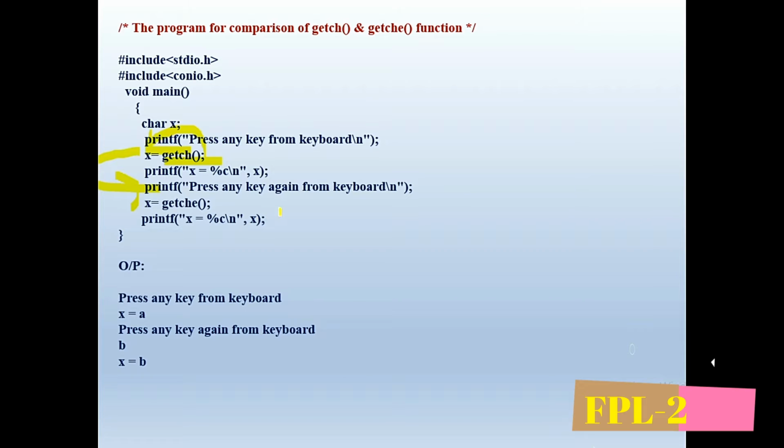So press any key from the keyboard. With getch, it will not immediately give you the character you have typed, while with getche, it will immediately give you the character you have typed, and that you are storing in some variable and printing. So you will also get here x is equal to b.